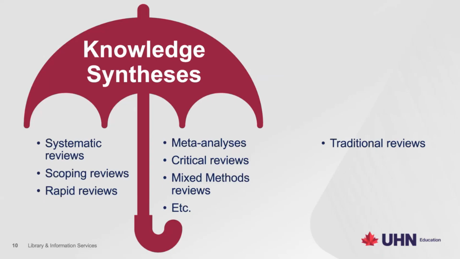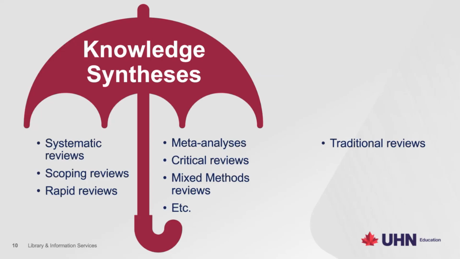So from our point of view, with our simpler set of knowledge syntheses, we're categorizing things as either knowledge syntheses or not knowledge syntheses. So all of the reviews fall under one of those 2 categories. Most of the ones we're going to be talking about and that you'll see the names of today are going to be knowledge syntheses.